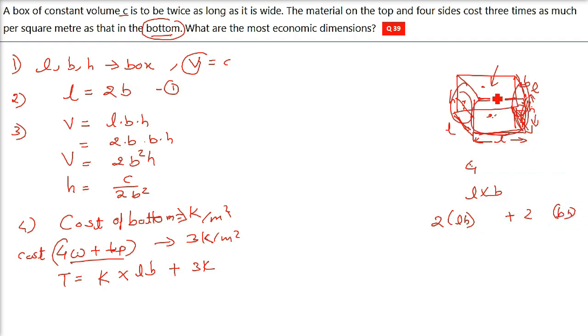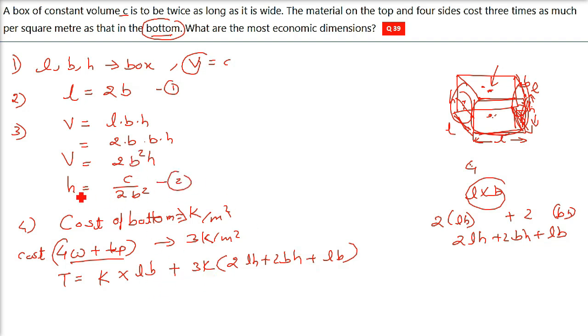Opposite sides twice. I hope you got the idea now. Plus LB. So 3K is per meter square. In order to get the whole cost, you have to multiply 3K with the area which we have found, 2LH plus 2BH plus LB.